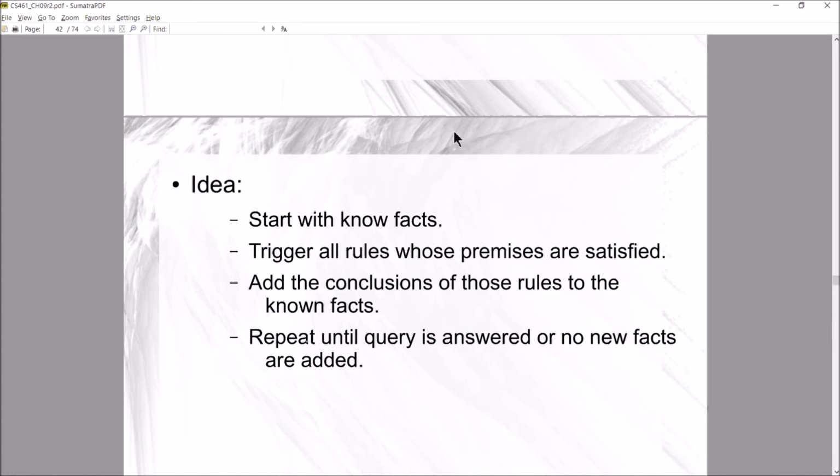And so you just keep on going. You just keep repeating this process over and over again until your query is answered, or until you can't generate any new facts. If there are no new facts for you to generate, that means that you've run through your chain of logic and you never reached the conclusion that you were looking for.